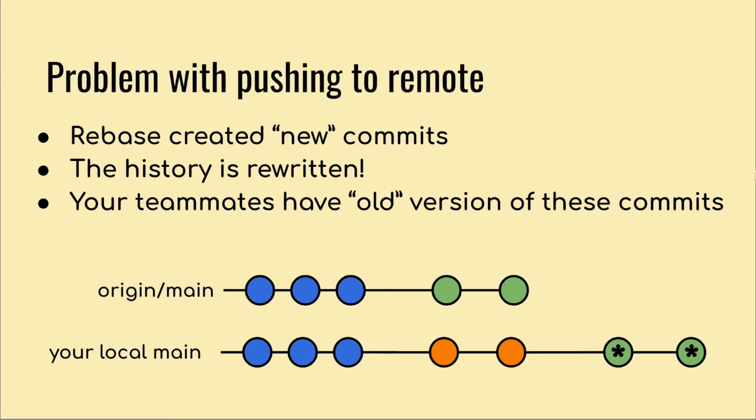And that means if you decide to push this new local main to your origin main, you will get problems because Git doesn't understand how to resolve that. You have rewritten some part of history. Of course, you can recommit these changes again with a merge commit, but you will have duplicated commits in the remote branch that will look pretty strange.